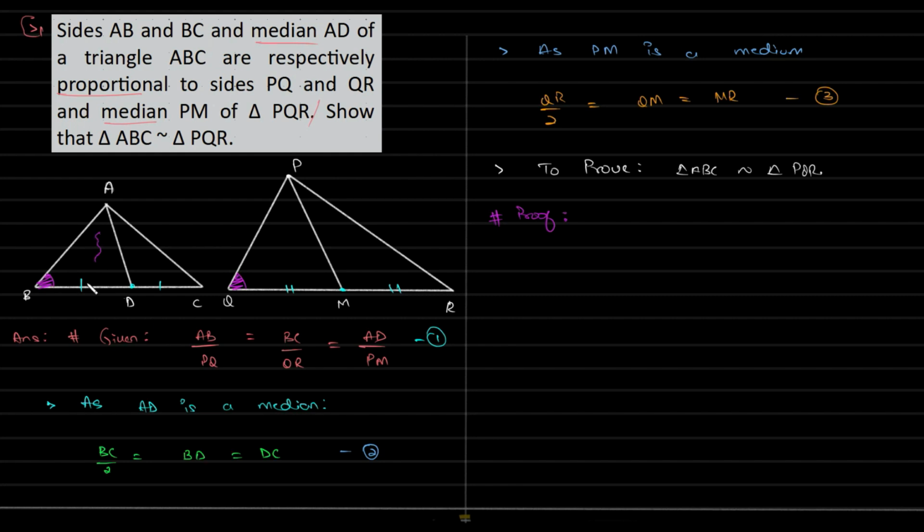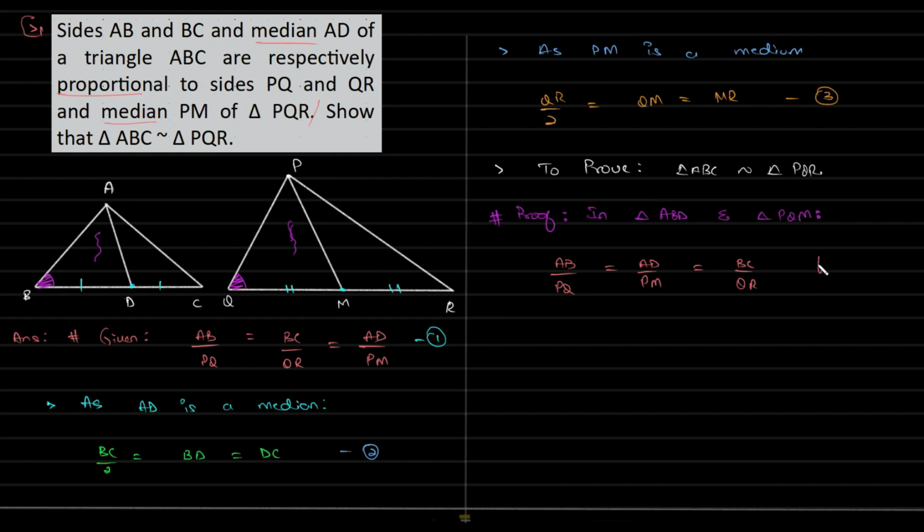If I consider triangle ABD and triangle PQM, what we're looking at is AB by PQ is equal to AD by PM, which in turn is equal to BC by QR.